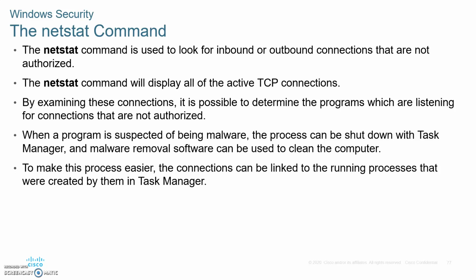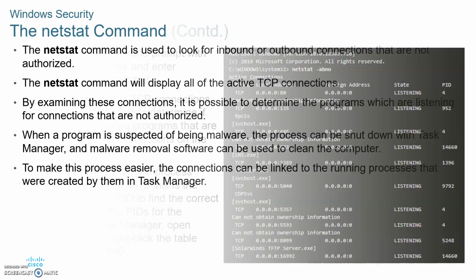If that is open, that means data can go in and out of your computer through port number 25. Port 80 is HTTP. If that's open, data will go into your computer through port 80, and so on. So Netstat will allow you to see if there's any ports that are open that are not supposed to be open, or vice versa. Okay, so type the first two bullet points for Netstat.